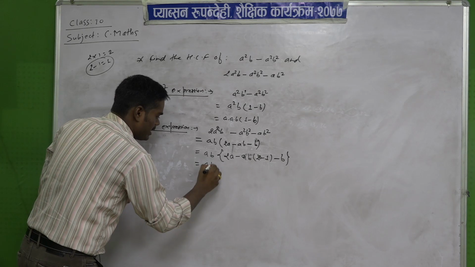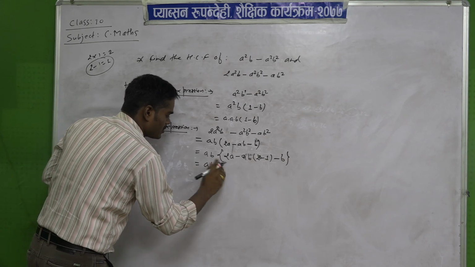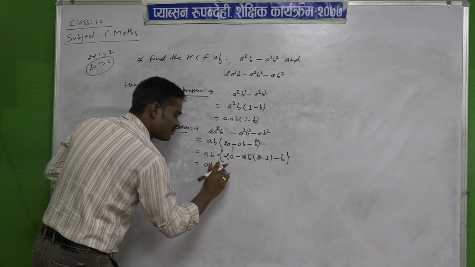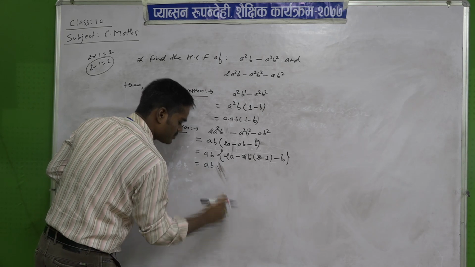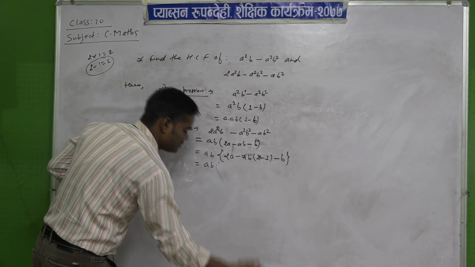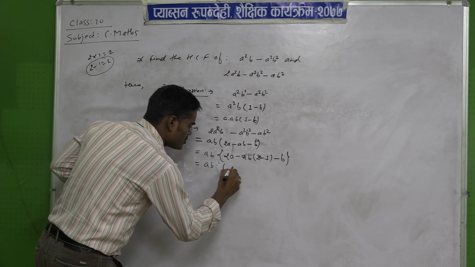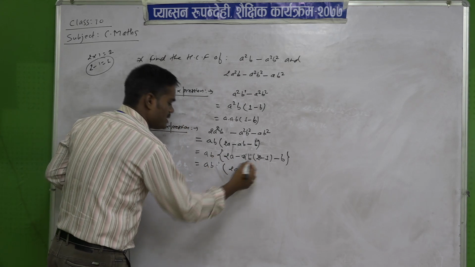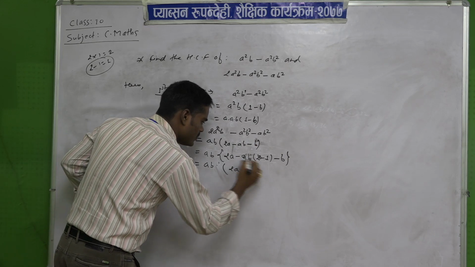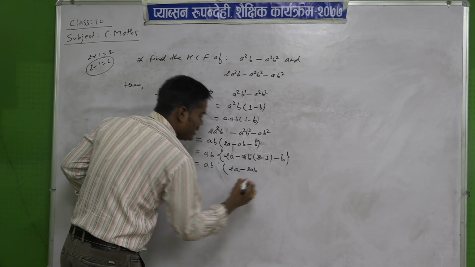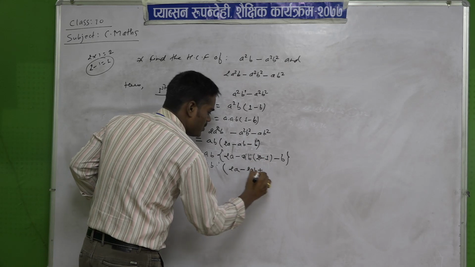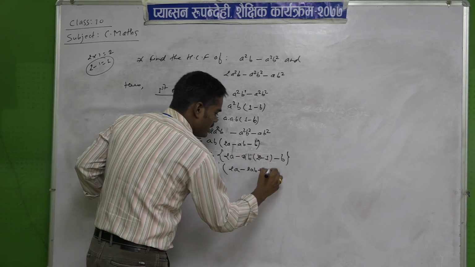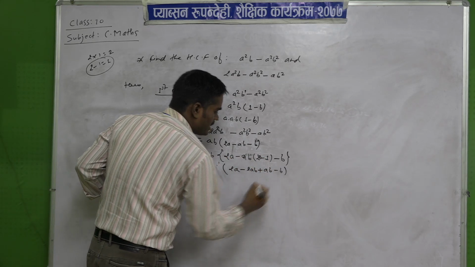Now open the bracket. Don't forget to multiply: minus into plus, minus 2 into ab, 2ab, minus into minus, plus ab into 1, ab minus b.